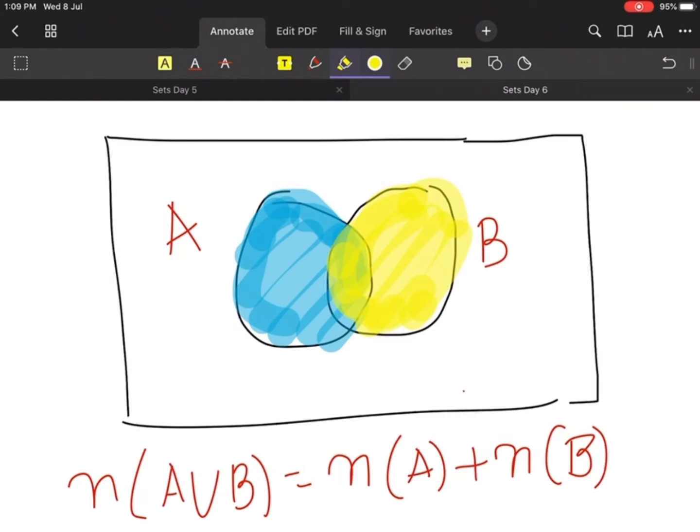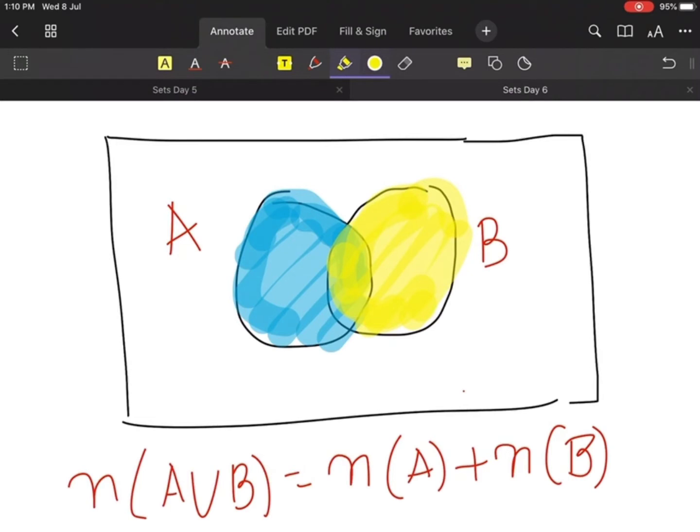Now you see one thing. Since I am counting number of elements of A and number of elements of B, there is one region we are counting twice. Can you tell me which region I am counting twice? Middle. The middle region. Very very good. So since I am counting the middle region twice, I have to subtract once.